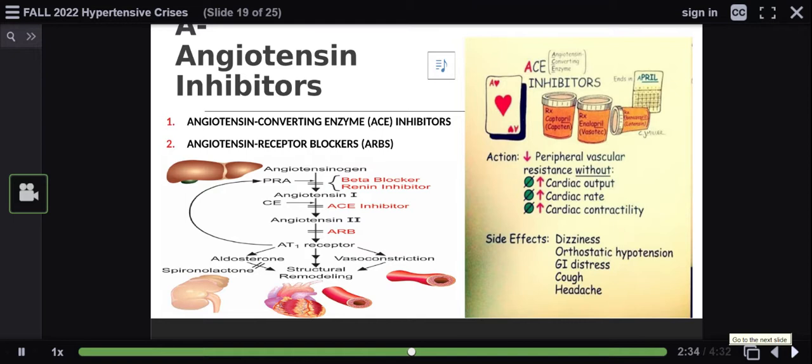So they have to notify the provider for this adverse effect, so the medication can be discontinued due to its persistent nature. Also, at the same time, we want to make sure that these patients report any swelling of the tissues in the throat, or a worsening condition of the cough, because that shows angioedema.